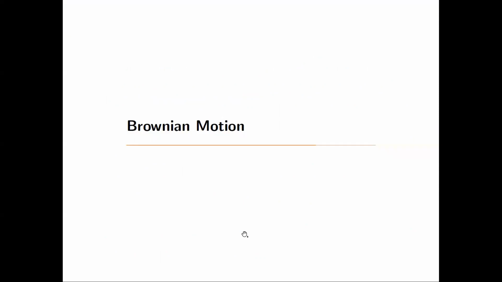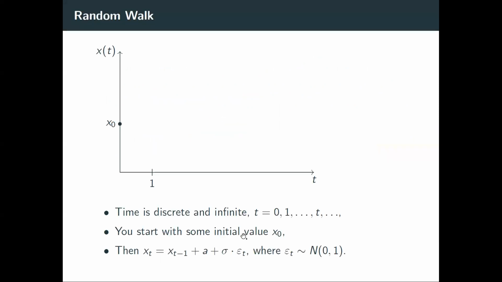And Brownian motion. Brownian motion is kind of entertaining, but again, it's more complicated. So first I want to show you the random walk, which is the discrete time analog of Brownian motion. You have time from 0 to plus infinity, and you have some starting point on the y-axis, denoted x0. For a random walk it's discrete time.